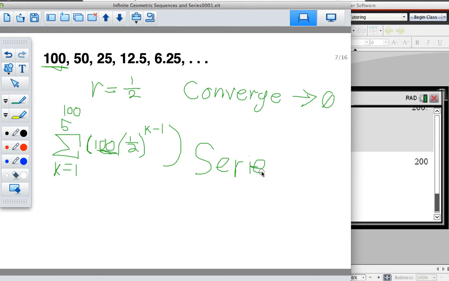Sorry, it's so difficult thinking and talking and spelling words out at the same time. So the terms converge to 0. The series converges to 200. That's basically what they want you to be able to see as you're adding the first 5 terms and the first 100 terms.